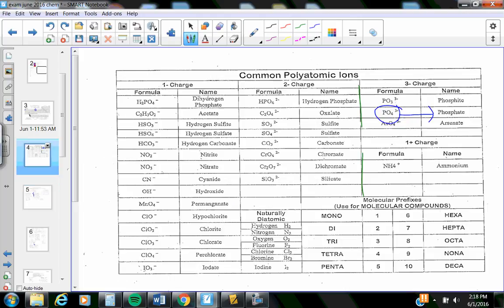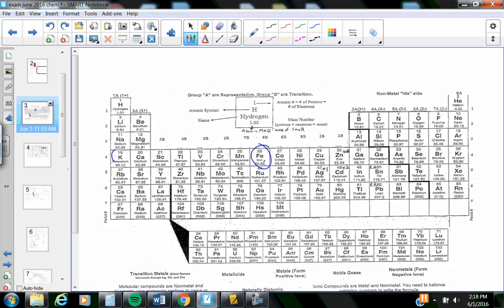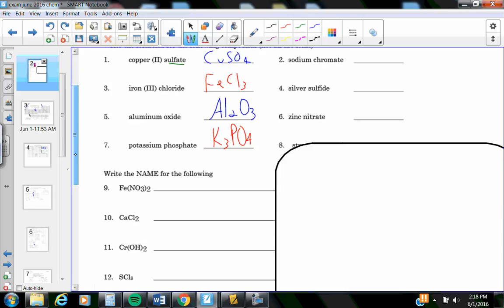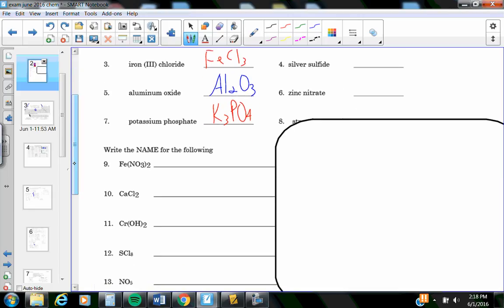How do I know? Well, here's iron, and it's not in one of the columns like this one, or this one, or this one, which tells me the charge, then it needs a Roman numeral because there are multiple ways that it could be charged. So this is iron, but we're going to have to figure out what Roman numeral it is.